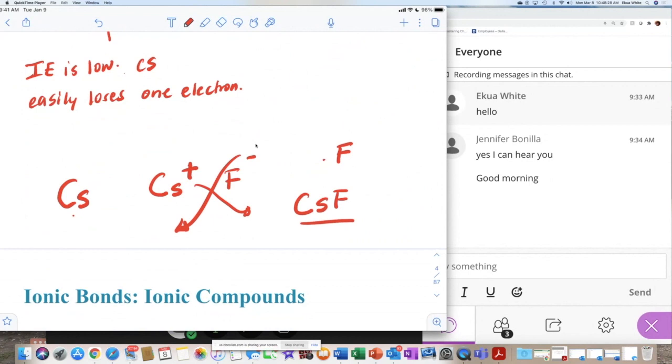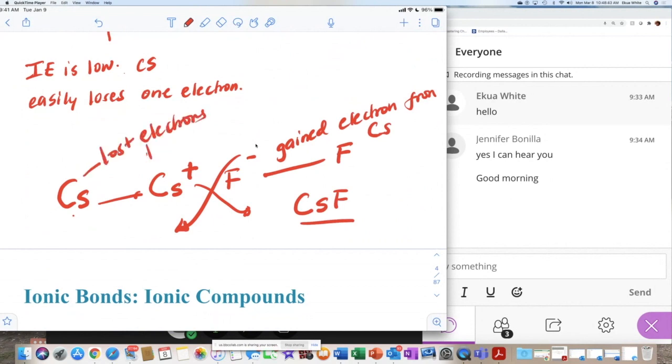It had no charge. Fluorine gained electrons from Cs. Cs lost electrons to fluorine.